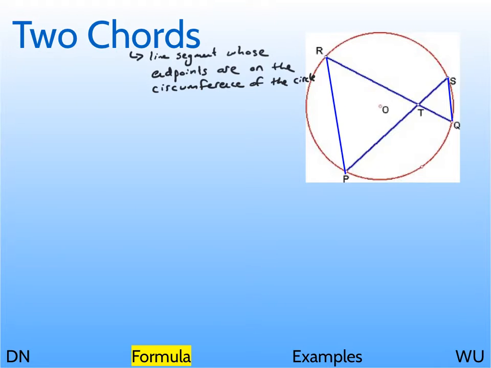Now, in the do now, we showed that these two triangles are similar to each other by angle. And we could label the angles that correspond to each other if we want to. That corresponds with that. That corresponds with that. And the vertical angles correspond as well.